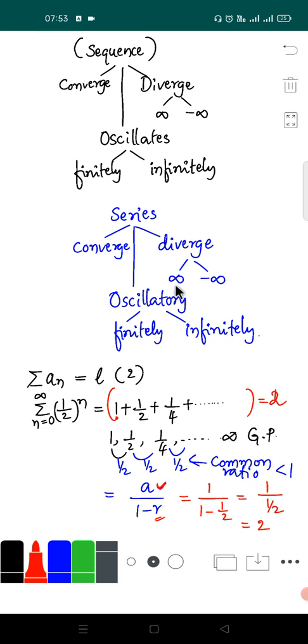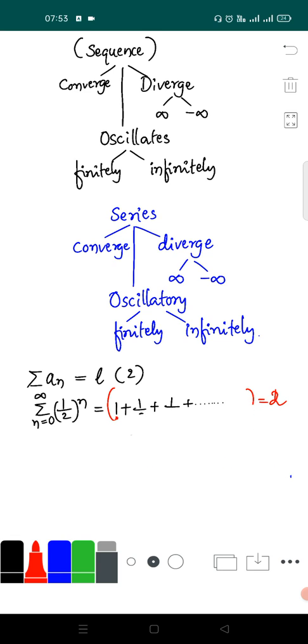Similarly, we can make a series divergent to infinity and negative infinity.